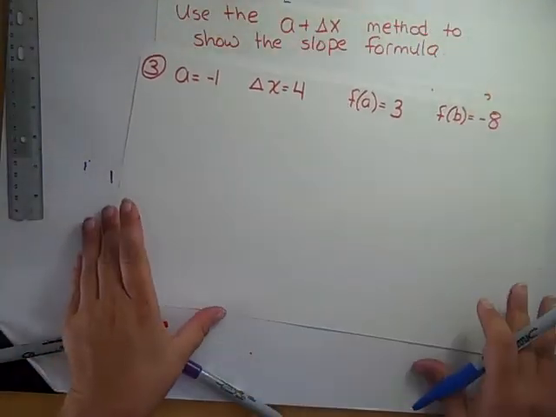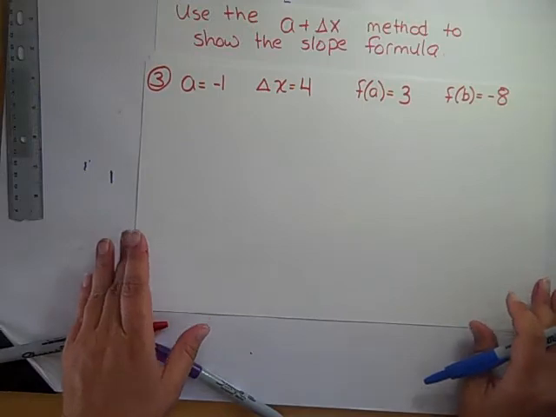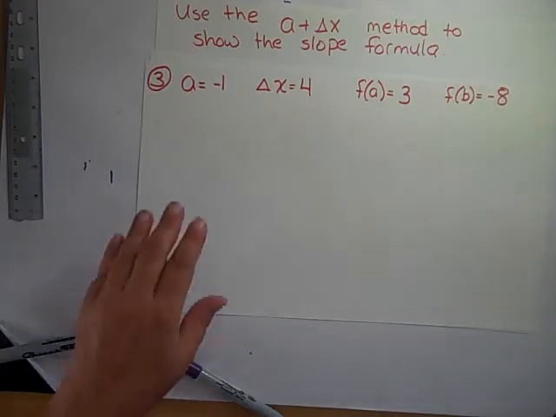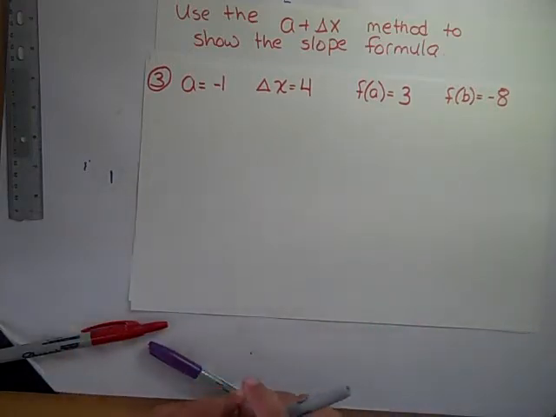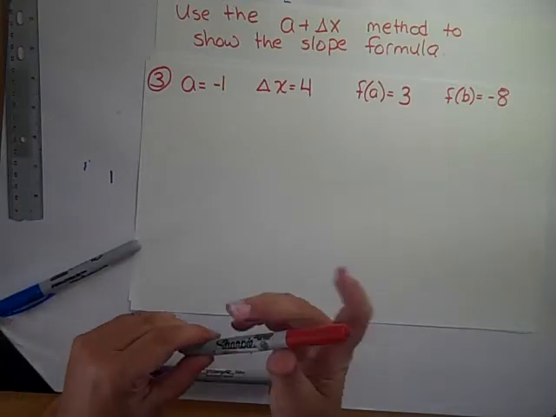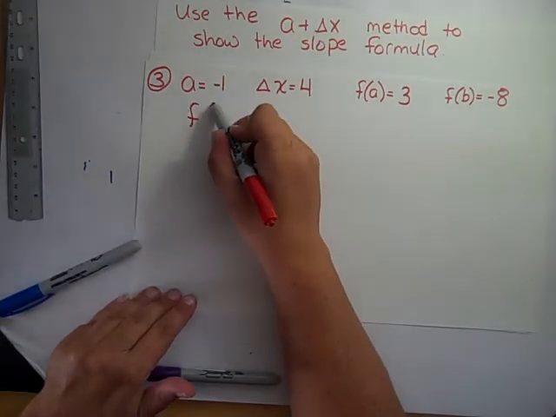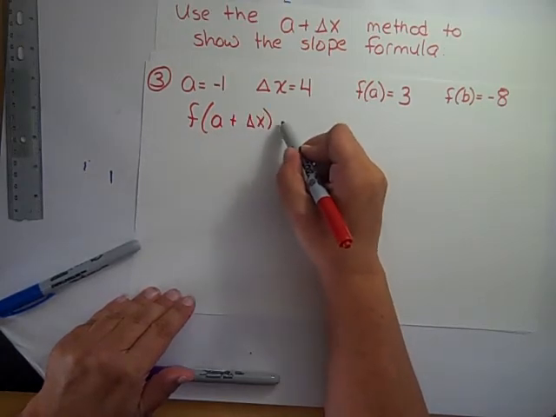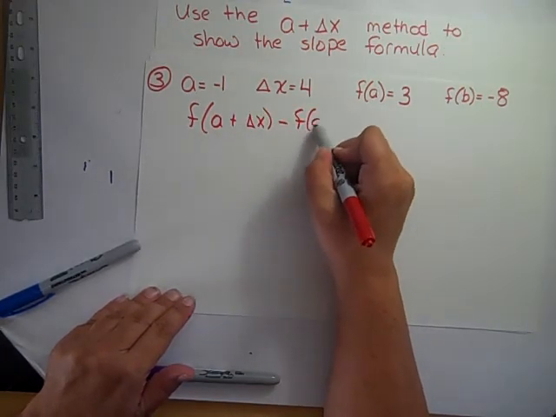Same question. Use the a plus delta x method to show the slope formula. Actually, on number 3, I think we can find the slope also. So let's see what we have. Slope equals f of a plus delta x minus f of a over change in x. I want you to write this formula as often as I'm writing it.